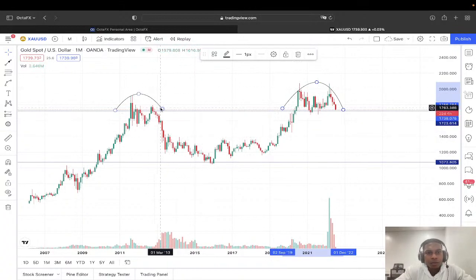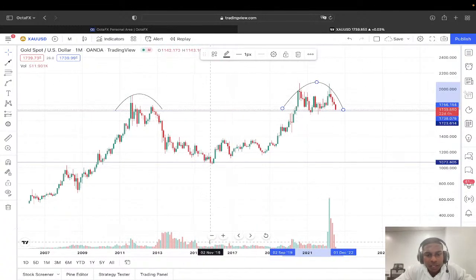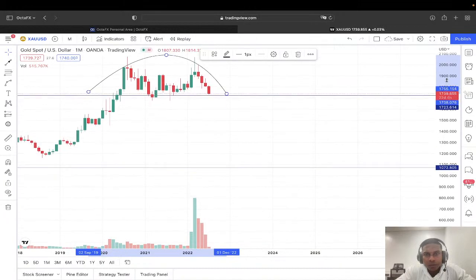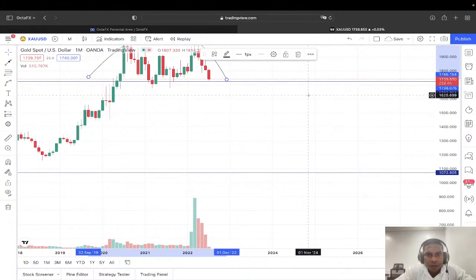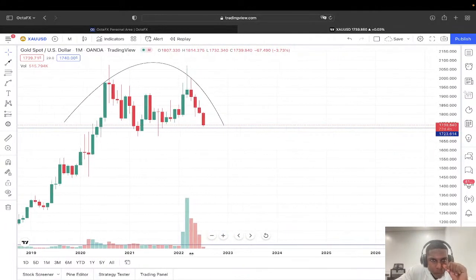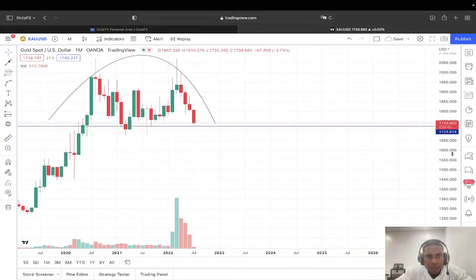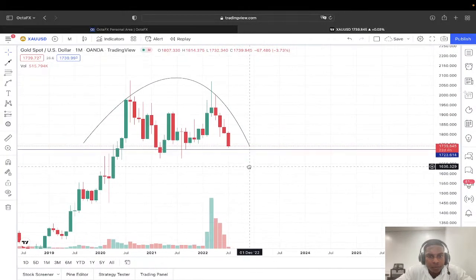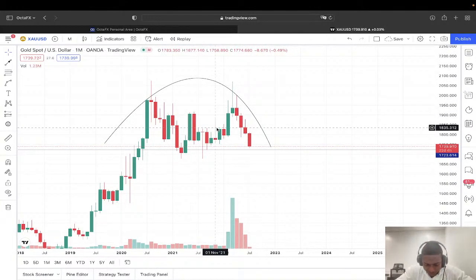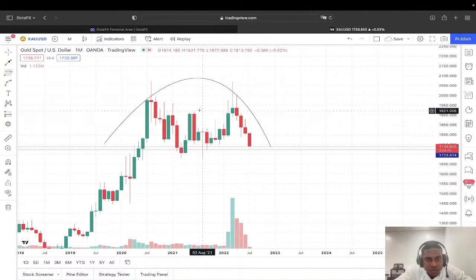Good. So we can see that there are two curves here. When you look closely, this is the level we are looking at, because this is a monthly time frame.